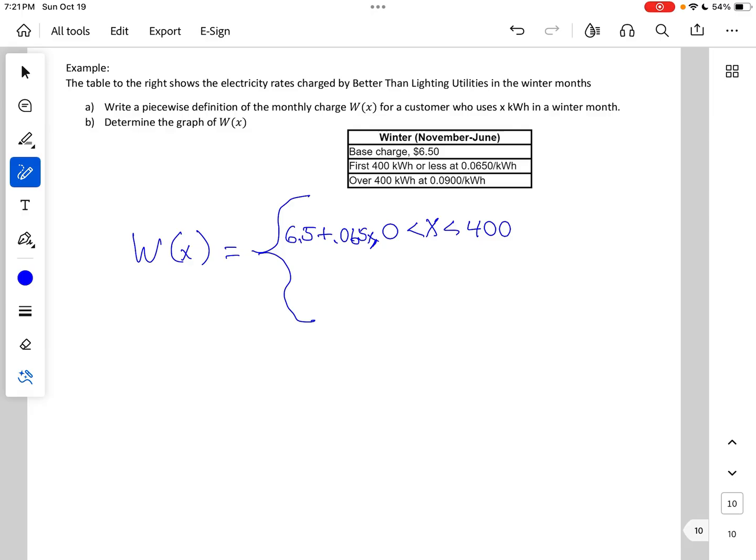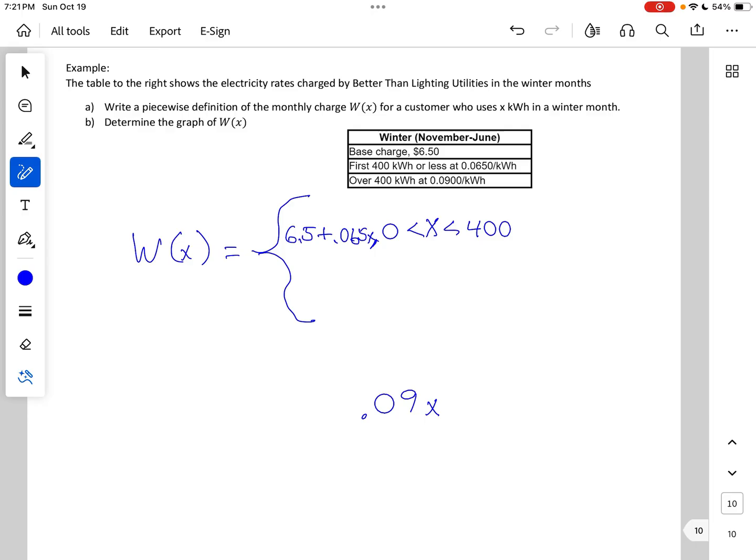Okay. Now, over 400 kilowatts is 0.09 per kilowatt. So now this can get a little interesting, but I've got to think, oh, my first 400 is 0.065. After 400 will be 0.09. So I think, okay, that's going to be 0.09x.